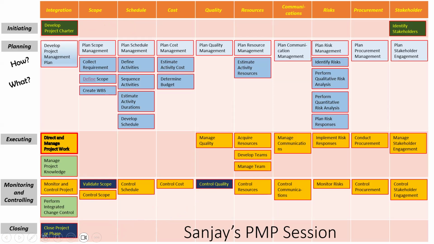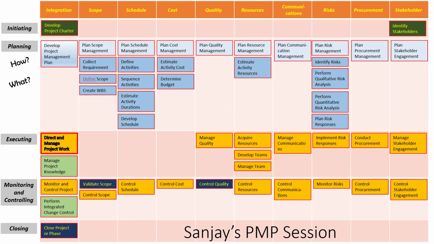I am trying to explain some of the things so that you will remember them properly, Shishir. This process could happen 15 times in a project. Why? Because there could be 15 deliverables, and each deliverable will have to be accepted by the customer. So validate scope will happen multiple times, once for every deliverable.